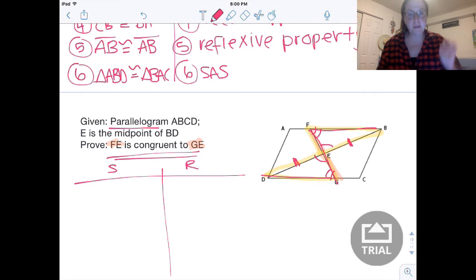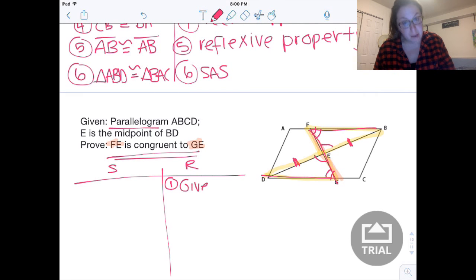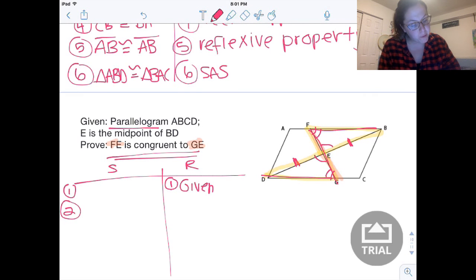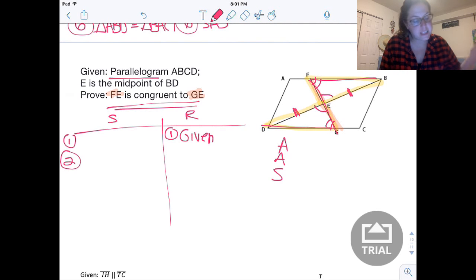So, step one, given, again, recopy exactly as you see it. Step two, okay. I know E is the midpoint, so my plan here is angle, angle, side. None of those are given in my given. So the first angle I see, let's start with that one, let's call that 1 and that 2.